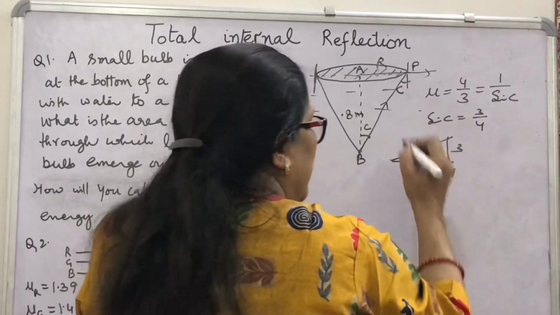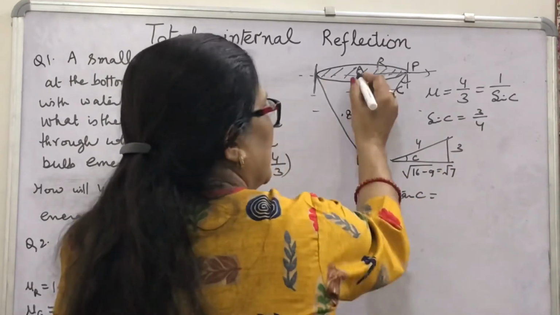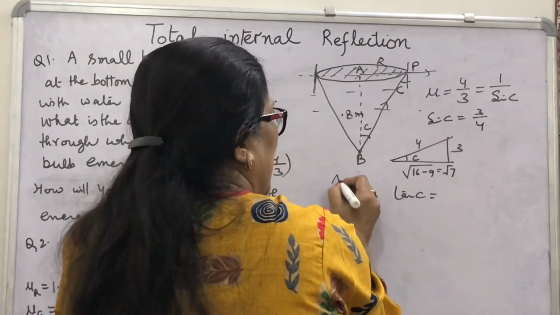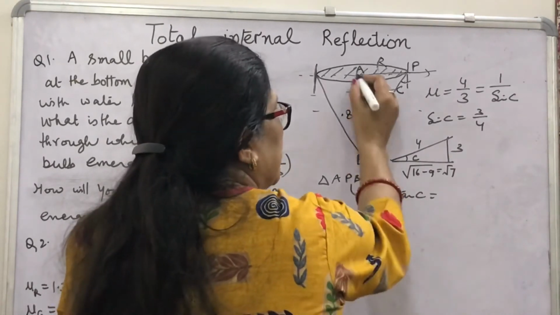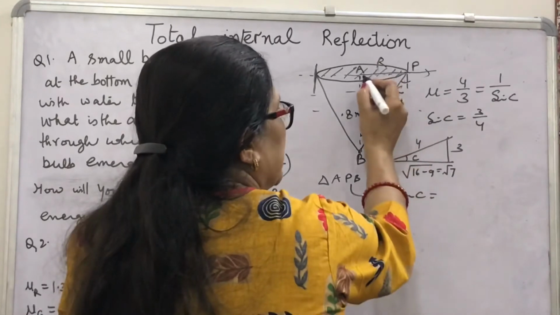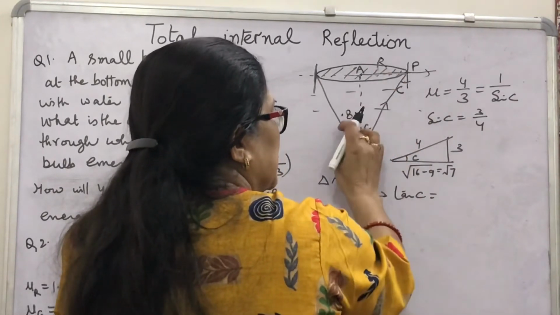And if you find tan C in the triangle APB, what is tan C? If you see, the radius of the circle is R and this is 0.8.